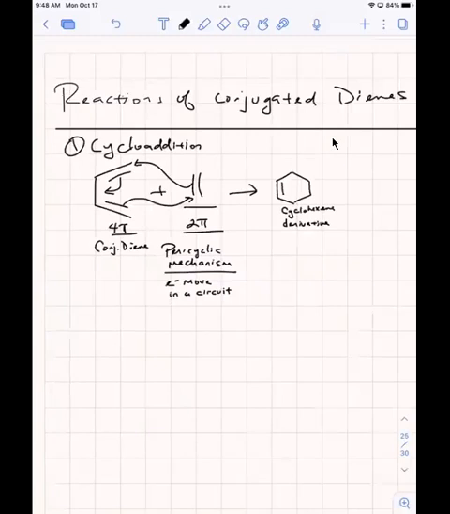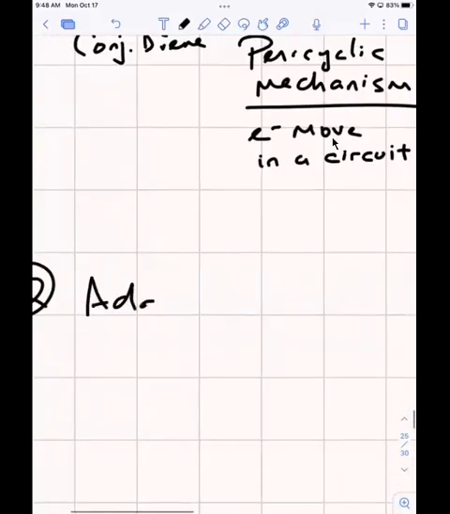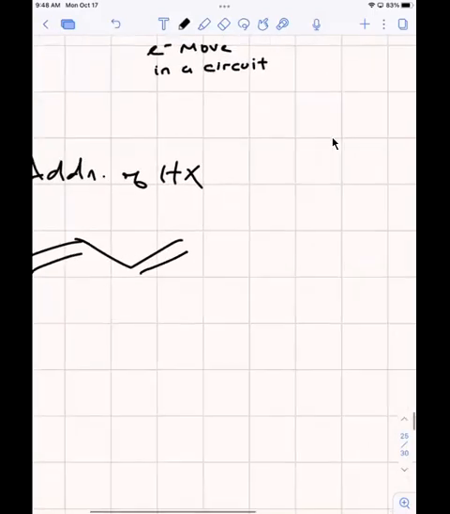And then the other reaction that they do is addition of HX. Now you've seen this already. So you know that if I take an alkene, this is one of the first reactions we learned in organic 1, I take an alkene and I treat it with, let's say, HCl.